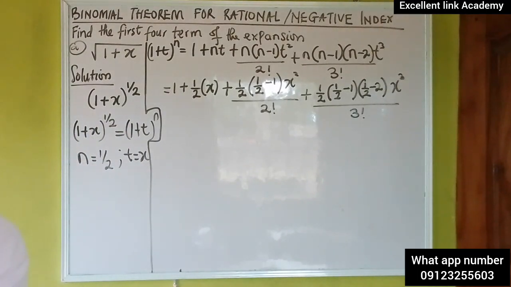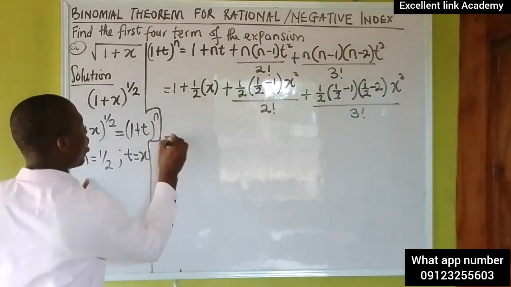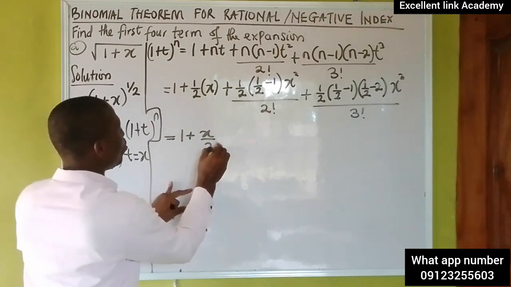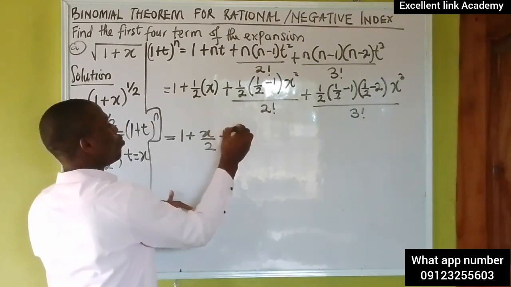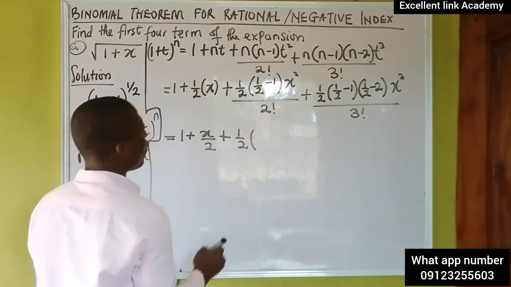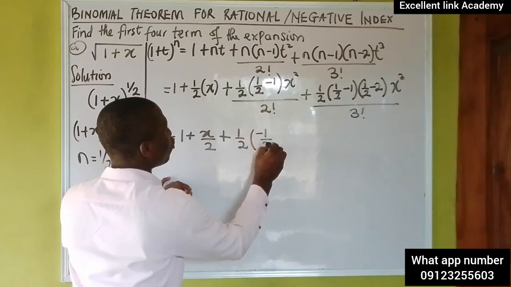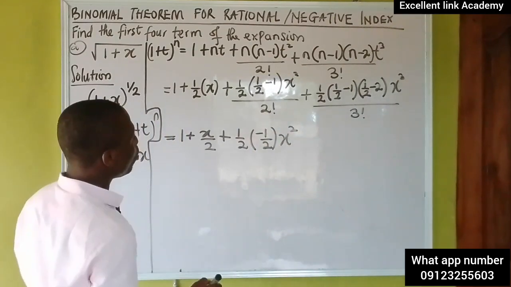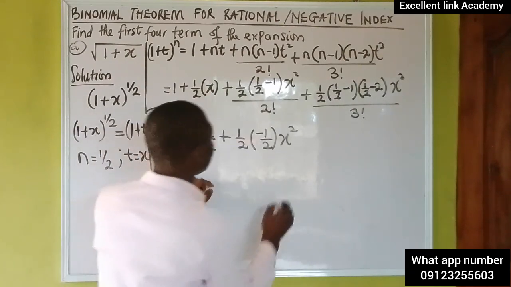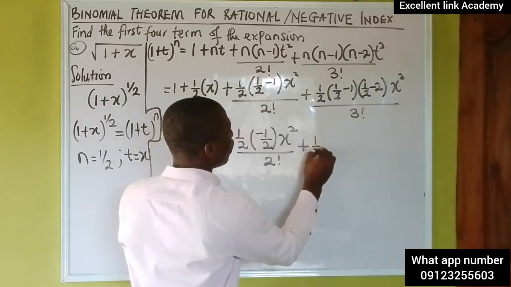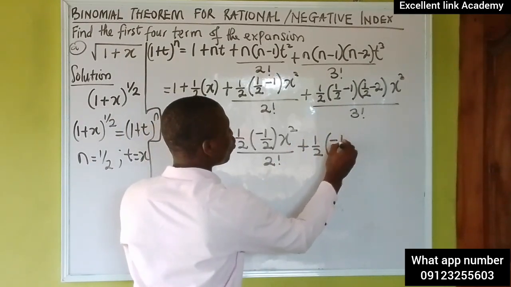Right? So at this stage, if I work on this, I'll be having 1 plus x over 2 plus 1 over 2 into 1 over 2 minus 1. I will have minus 1 over 2 into x squared over 2 factorial, plus 1 over 2 into minus 1 over 2.